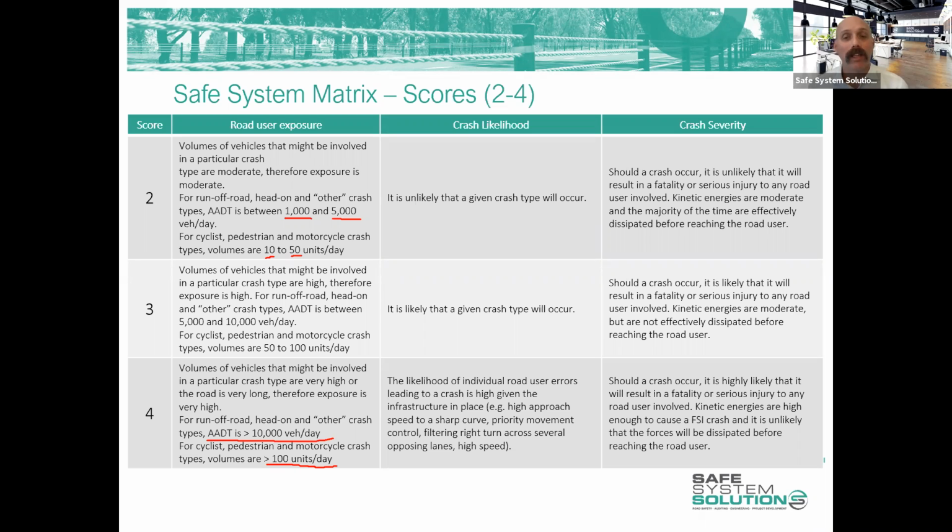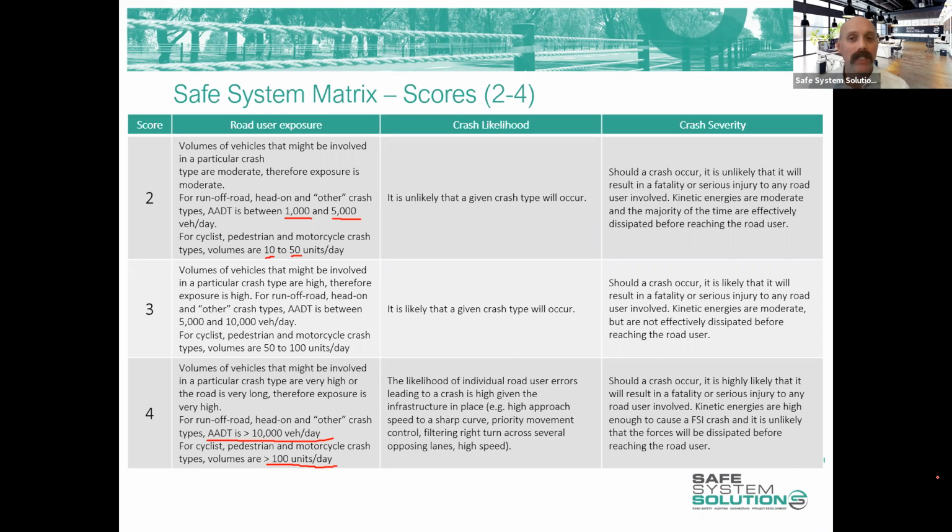I believe in a lot of the assignments we've put just fictitious AADTs, number of pedestrians, number of cyclists, number of motorcyclists, in order for you to be able to do this. We don't want you spending 3-4 days on this.